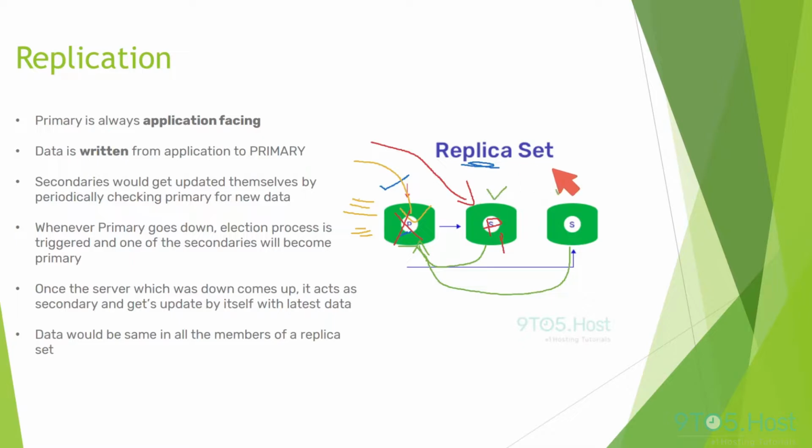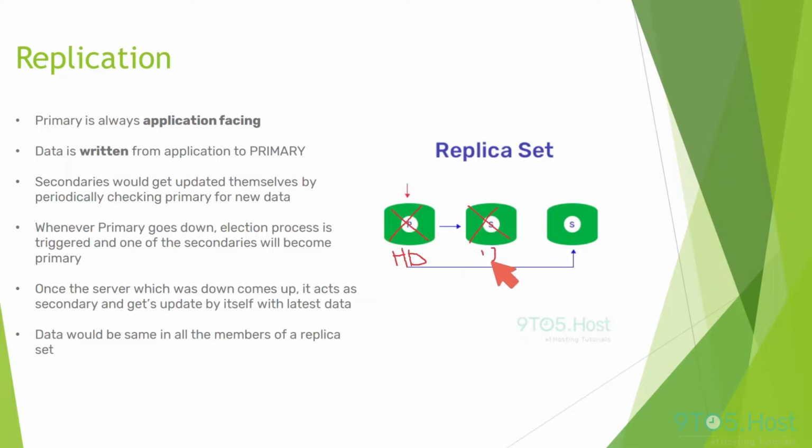So this is one big advantage of MongoDB. In the worst case scenario, let's assume we have a 3-server replica set: primary, secondary, secondary. Let's assume one of your servers is down, maybe because the hard disk is 100% utilized, and let's assume that another server is also down due to some data center issues.